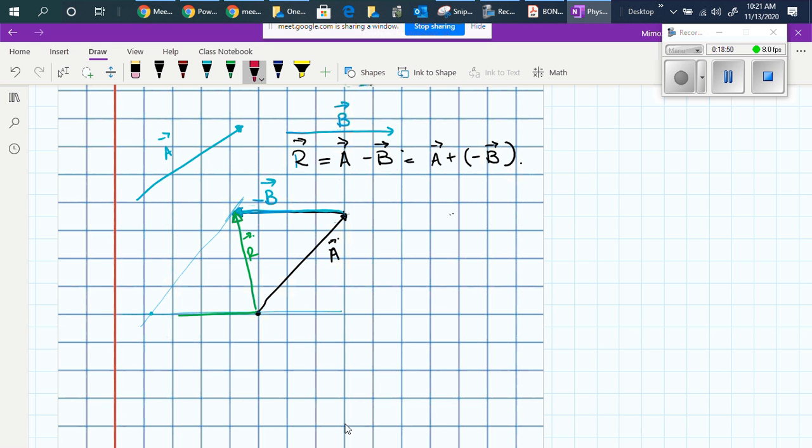So negative B will be here, and then we will construct the parallelogram, and the resultant will start at the starting point, going across the diagonal. So it doesn't matter which method you are using, either the closed polygon method or the parallelogram method, the resultant is the same for two particular vectors.